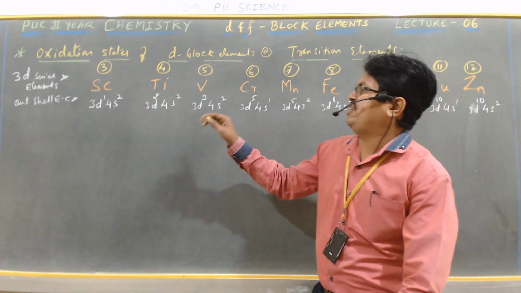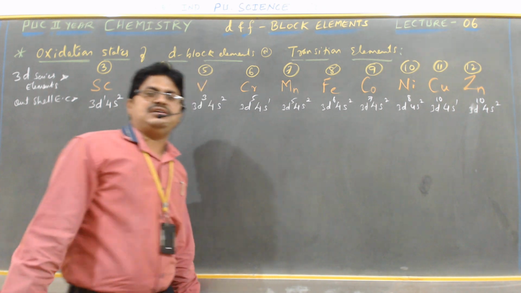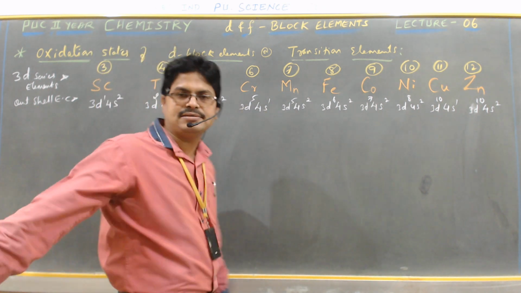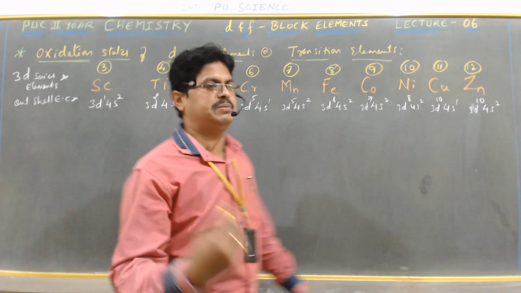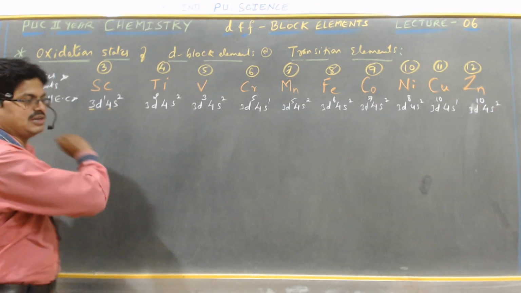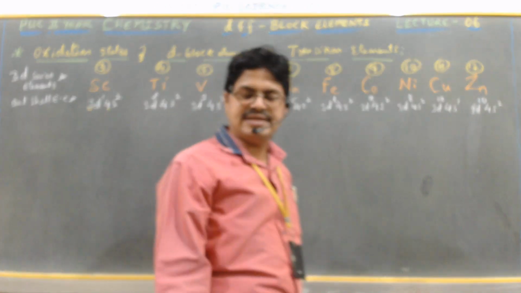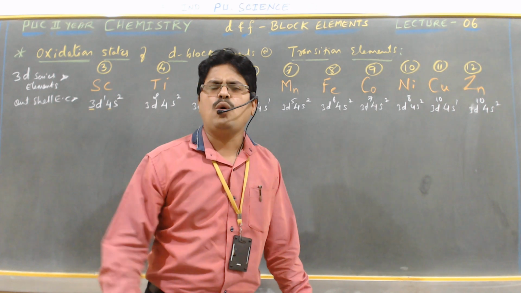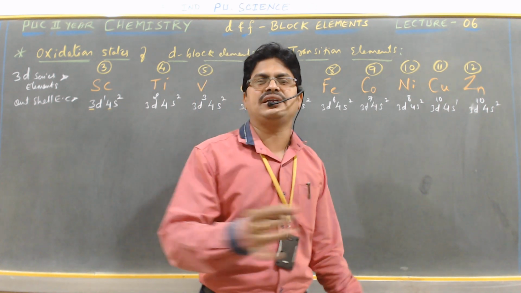In case of D block elements, just now I mentioned the electrons are involved in bonding from both S and D orbitals, from the main shell and penultimate shell. Correct? So what is the minimum oxidation state of D block elements?